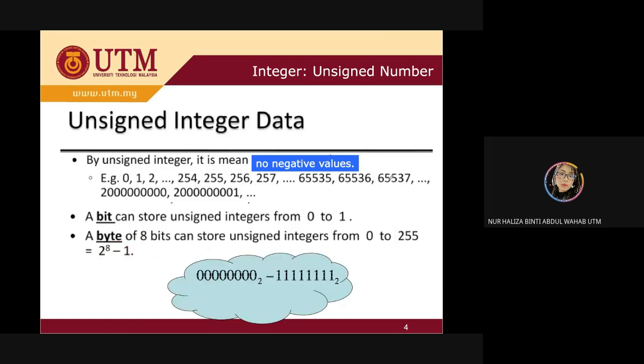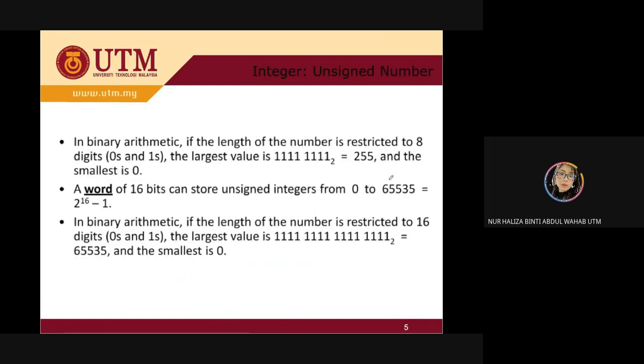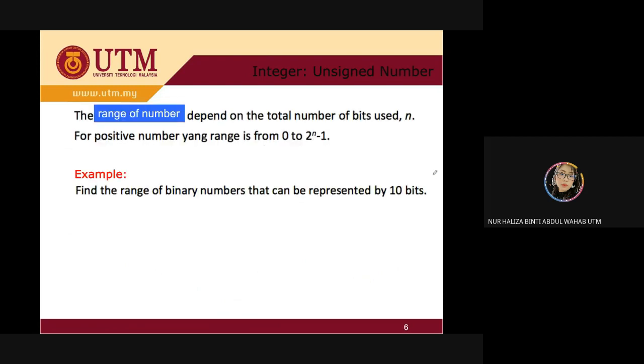So let's move to the next, which is similar. You can apply it, like if let's say you have 16 bits, it's also equal. This is your upper bound and your range as well. If there are 10 bits, of course you can also apply the same.